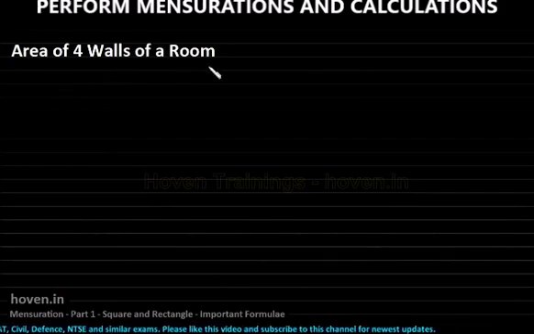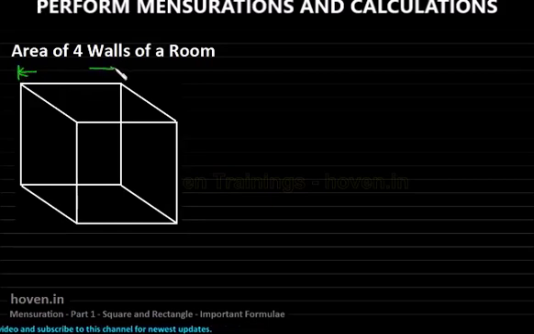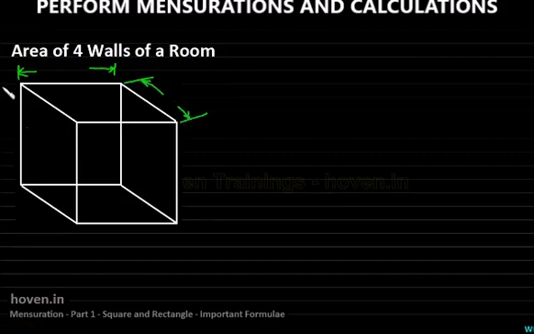Area of four walls of a room. Let me draw a diagram. Suppose this is a room and the length of this room is this. The breadth of this room is given here, and this is the height of the room.